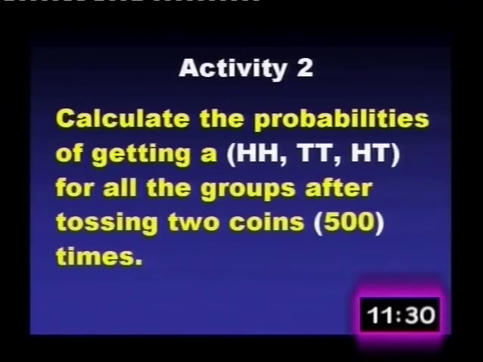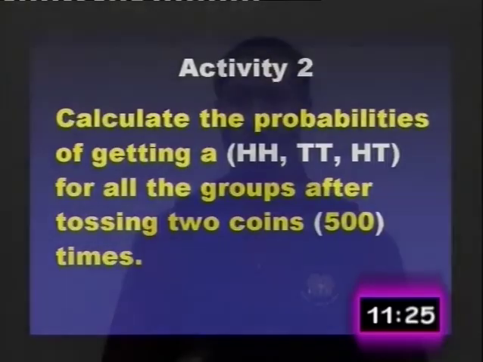We have put them together. So the total of toss is 500 times. Now we are going to find the result of getting head-head, tail-tail, and head-tail for 500 toss.